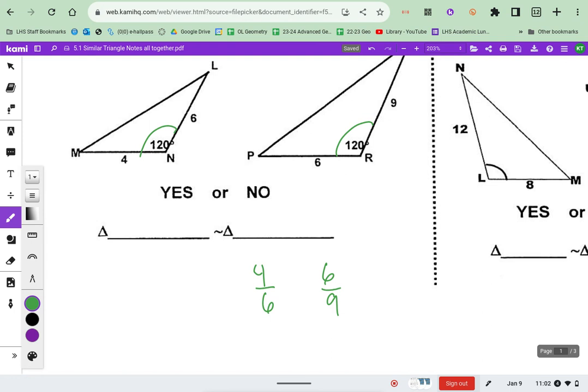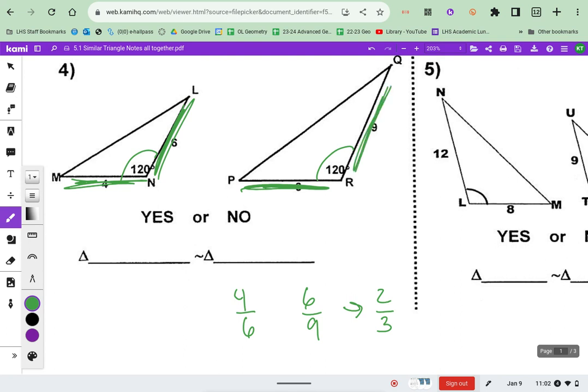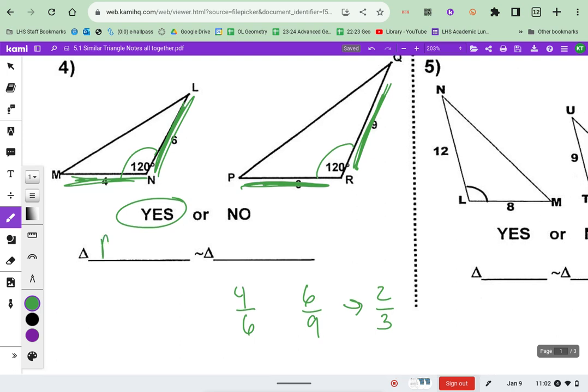And do they? Yes, both of these fractions reduce to 2/3. So therefore, the sides that are surrounding the angle are proportional, which is why this becomes side-angle-side similarity. So these guys are similar by side-angle-side similarity. And then we can write our similarity statement and say triangle MNL is similar to triangle PRQ.